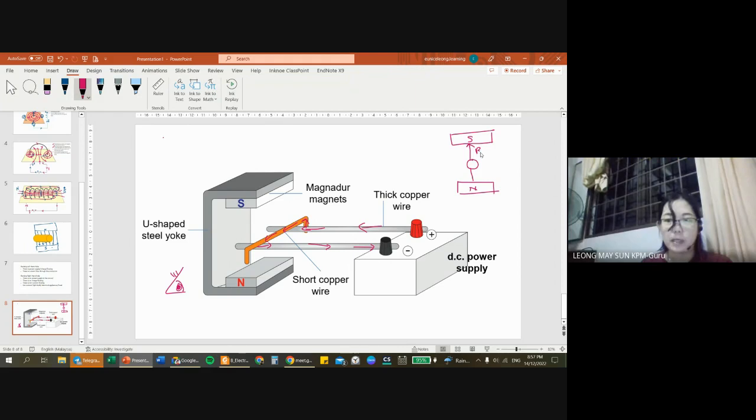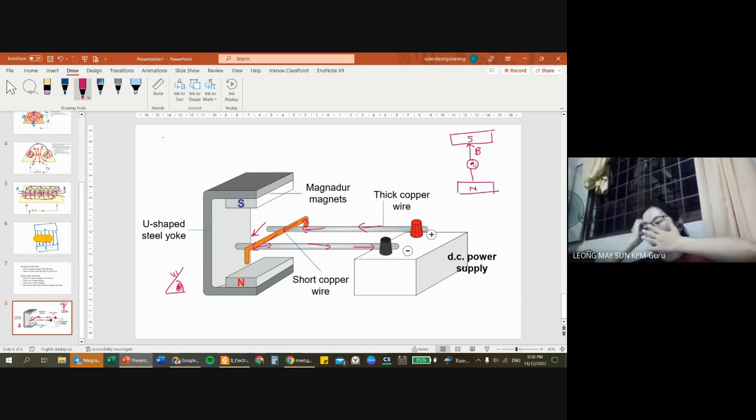So this is my B. And then from this view, we see the arrow. The current is actually moving outwards. So I will see a dot because the arrow is pointing this way. This is the tip of the arrow, so here is actually a dot.